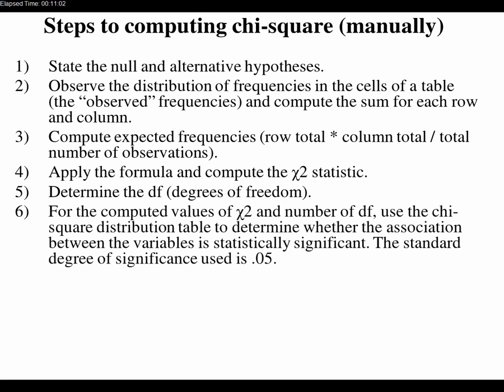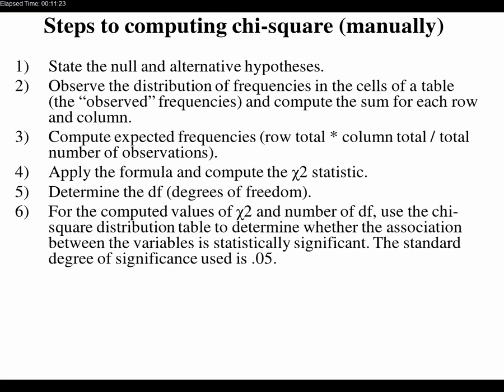Fifth, we determine the degrees of freedom that we have. And sixth, for the computed value of chi-square and the number of degrees of freedom, use the chi-square distribution table in the back of the book to determine whether the association between the variables is statistically significant. The standard level of significance that we're going to use is 0.05. We talked about that last week.